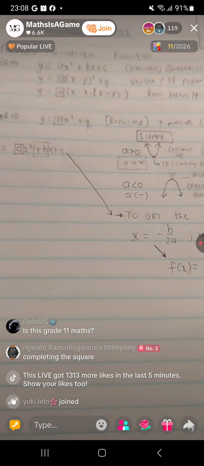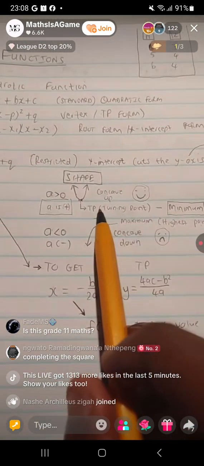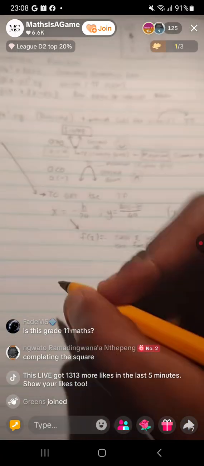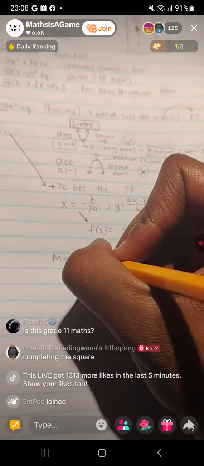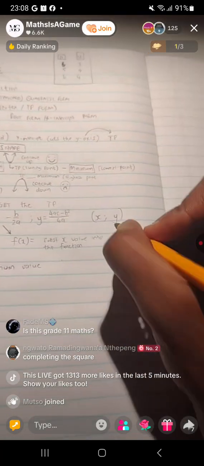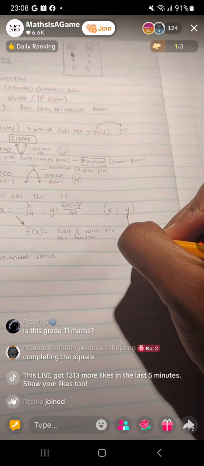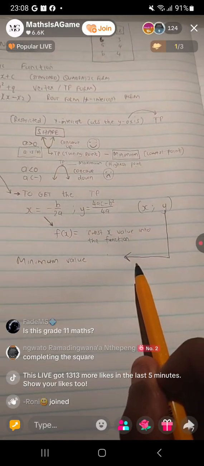And I wish to suggest, guys, that whenever they want the minimum value of the function, it is not the x value which is the minimum, it is always the y value that is the minimum.